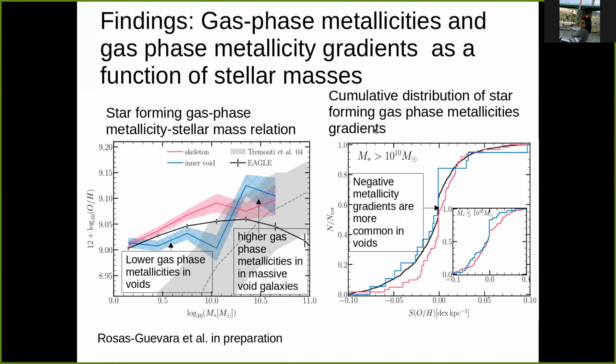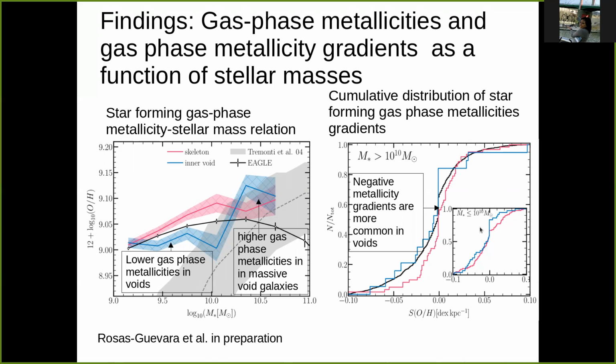We also investigate the cumulative distribution of star-forming gas phase metallicity gradients, and we find that inner void galaxies present negative metallicity gradients more often than a skeleton, and we explore this for two different stellar mass bins.